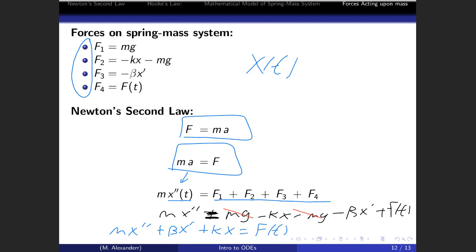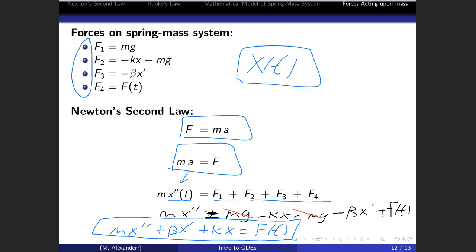All right, so the equation on the very bottom is my differential equation that does describe the motion of the spring mass system. If I am able to solve the differential equation, then the function x that satisfies the differential equation with some initial conditions is going to tell me how the spring mass moves up and down.